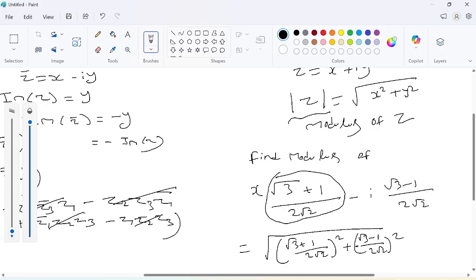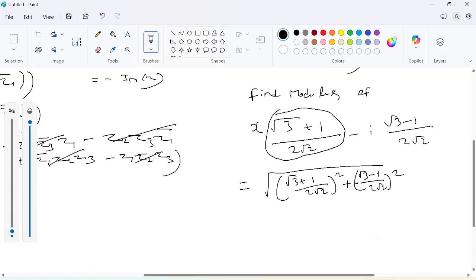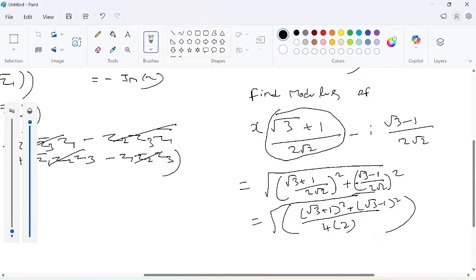Okay. So now if you write, 2 root 2 whole square will be 4 into 2. Next will be (root 3 plus 1) whole square plus (root 3 minus 1) whole square, under the square root. So how much will it be?